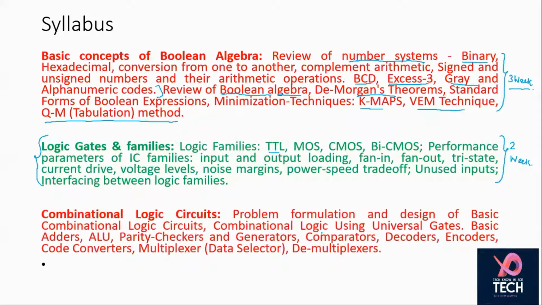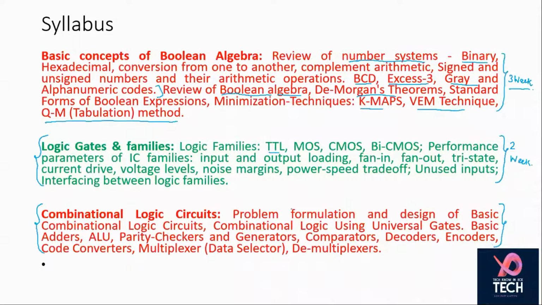The next unit is combinational logic circuits. Once you are aware of hardware as well as number systems, and you have got familiarization with minimization techniques, then we are going to design combinational circuits. What are combinational circuits? We combine different logic gates to get a particular task accomplished.